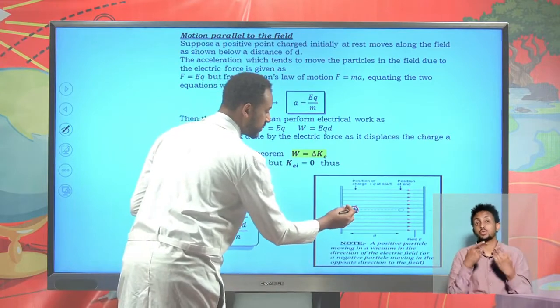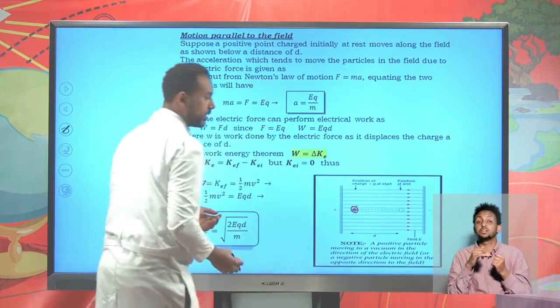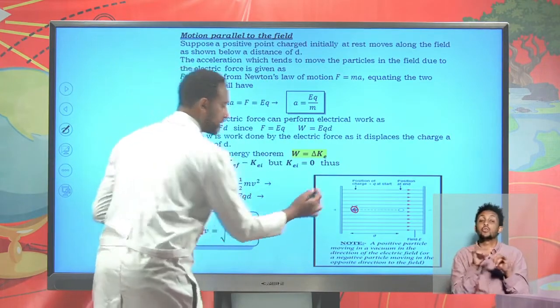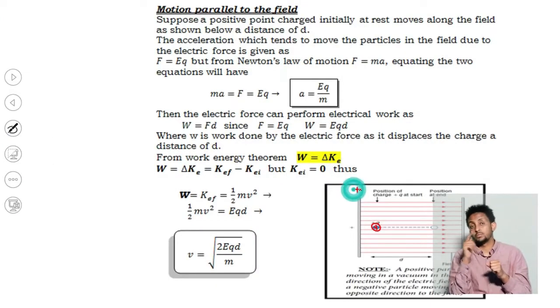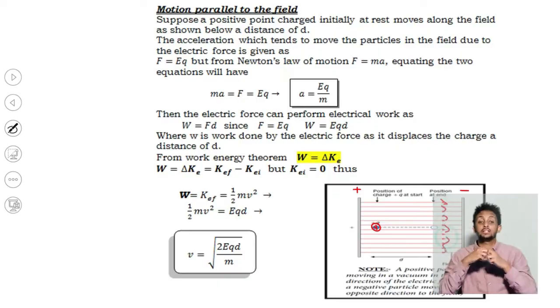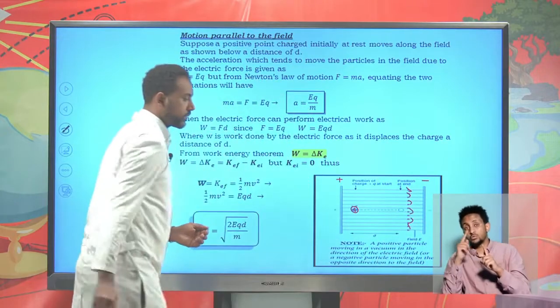So as this positive charge is released in a uniform field, let's have two plates, plus and minus plates. As these two plates are opposite, there will be an electric field. And the electric field, as we have previously mentioned, should be drawn from positive to negative. So the direction of the electric field is from positive to negative.